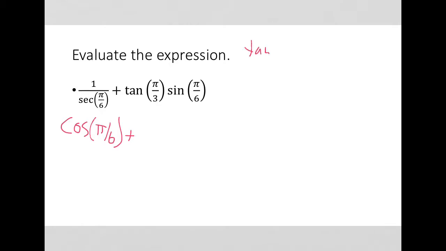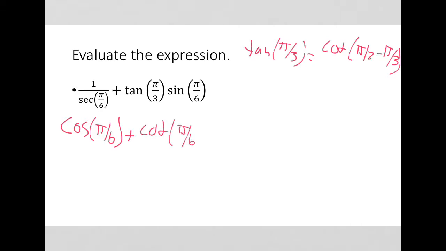So tangent of pi over 3 will equal cotangent of pi over 2 minus pi over 3. Well, what's pi over 2 minus pi over 3? It is pi over 6. So I get cotan of pi over 6 times sine of pi over 6.